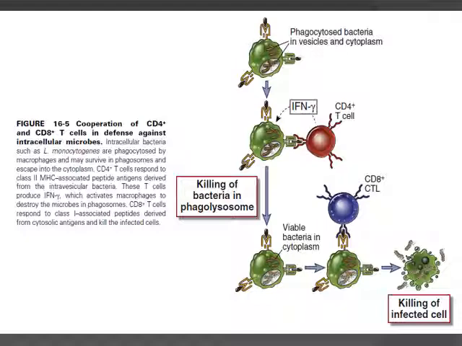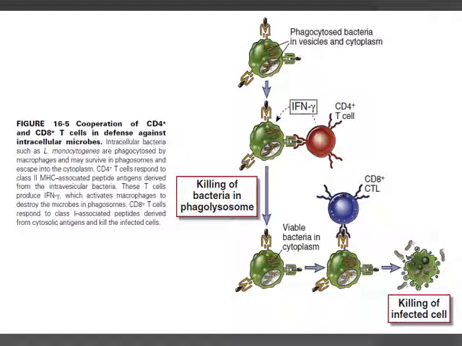These cells will start to produce interferon gamma. This cytokine will increase the killing effect of these phagocytic cells and can clear the bacteria in the phagolysosome.